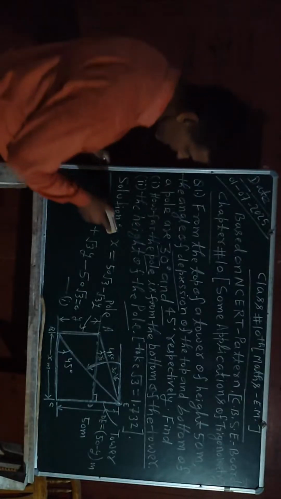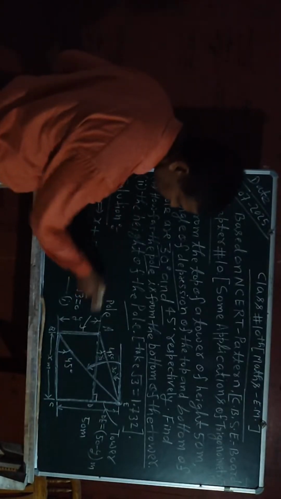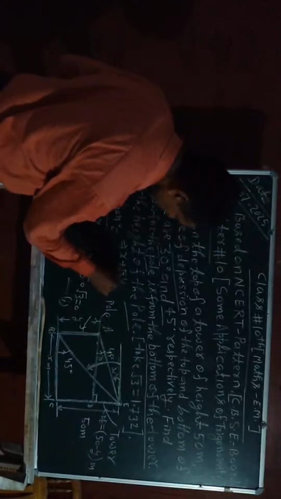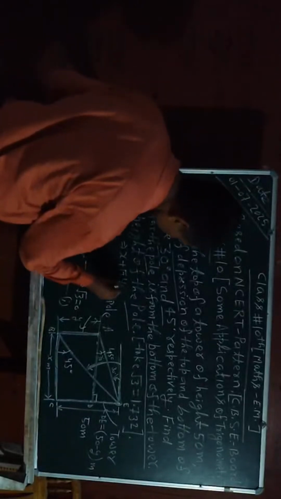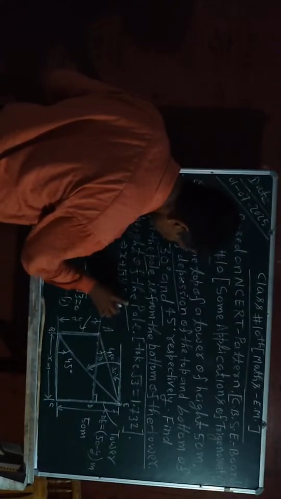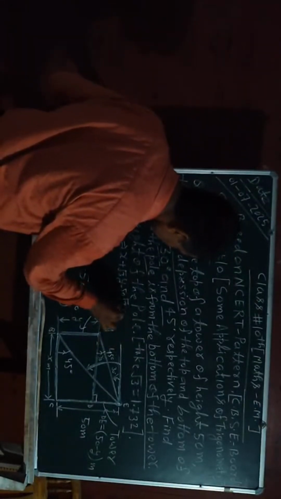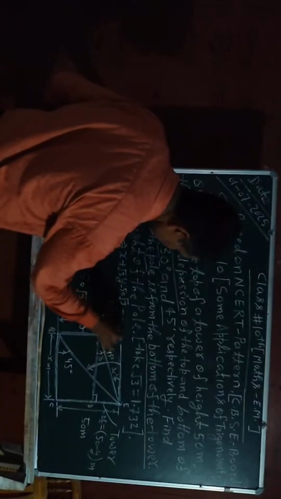So first of all, I am going to erase the above data properly, safely and positively for saving. It means that x plus root 3 into y minus 50 root 3 is given, and on the right hand side I will put 0. So this is equation number 1.